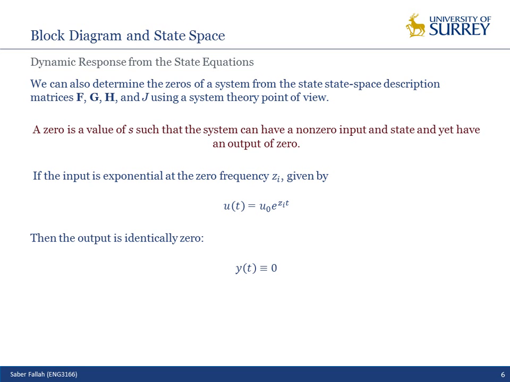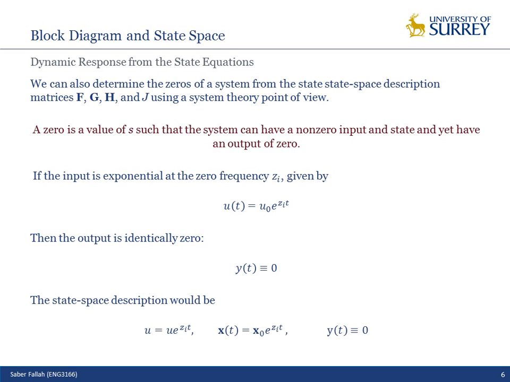If this polynomial is the same as the zero of the system, y(t) will be identically equal to 0. No response. In this case, u will be equal to u naught e power zi t, x(t) will be equal to x naught e power zi t, and y(t) will be equal to 0.